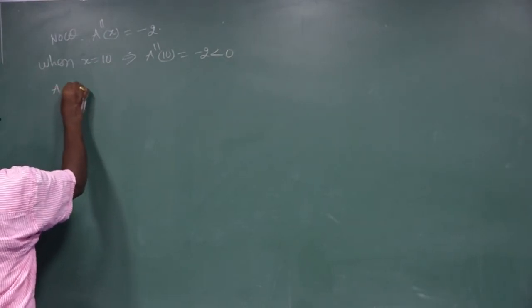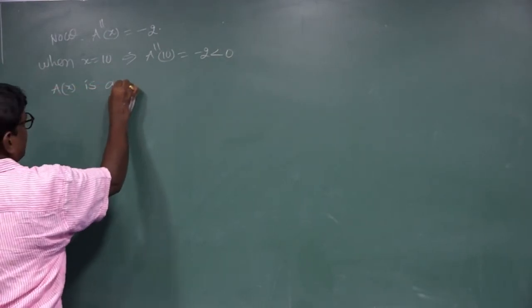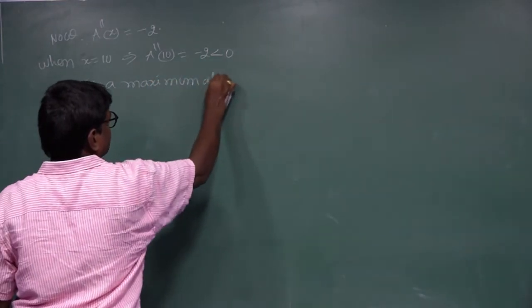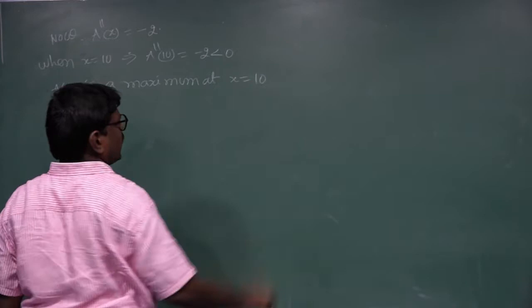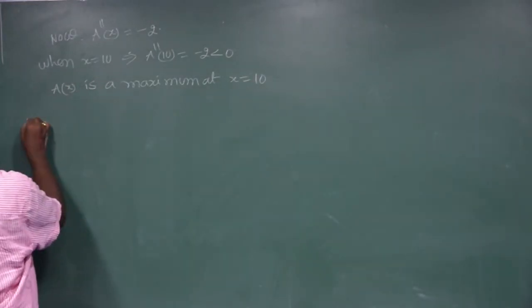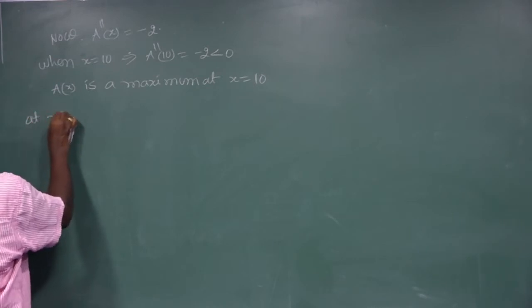So A of x is a maximum at x equal to 10.